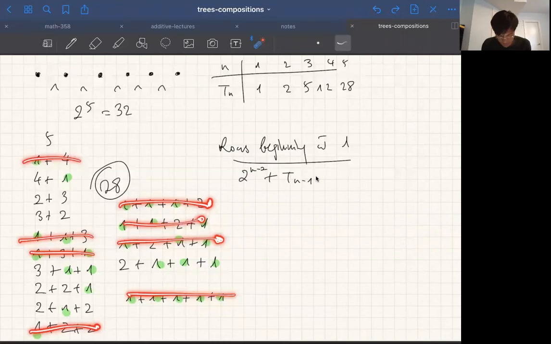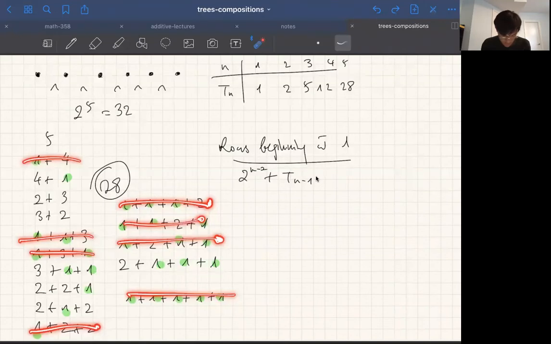We have 3 ones in one way, 2 ones in 2 ways, and, sorry, 1 in 1 way. What am I trying to say?